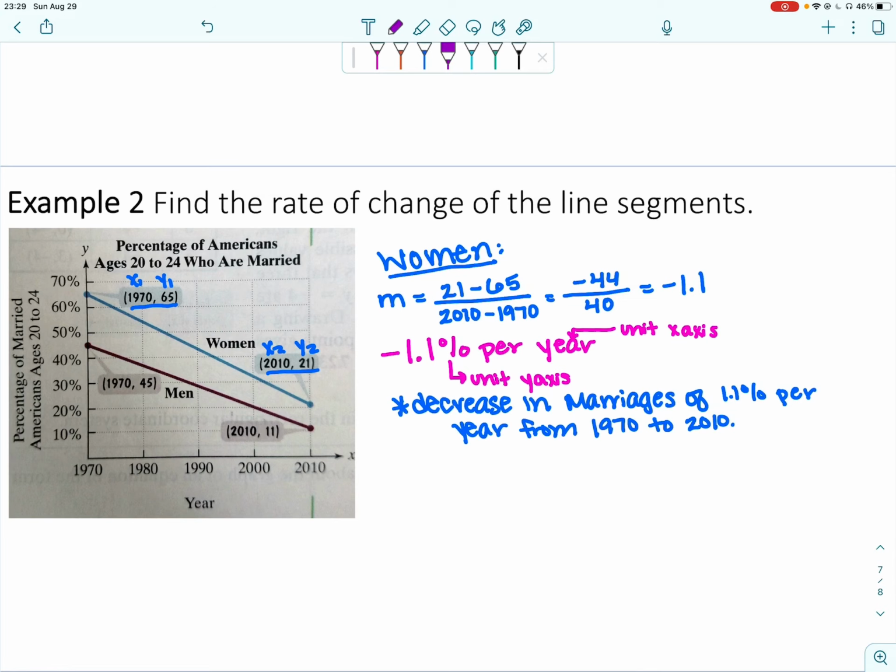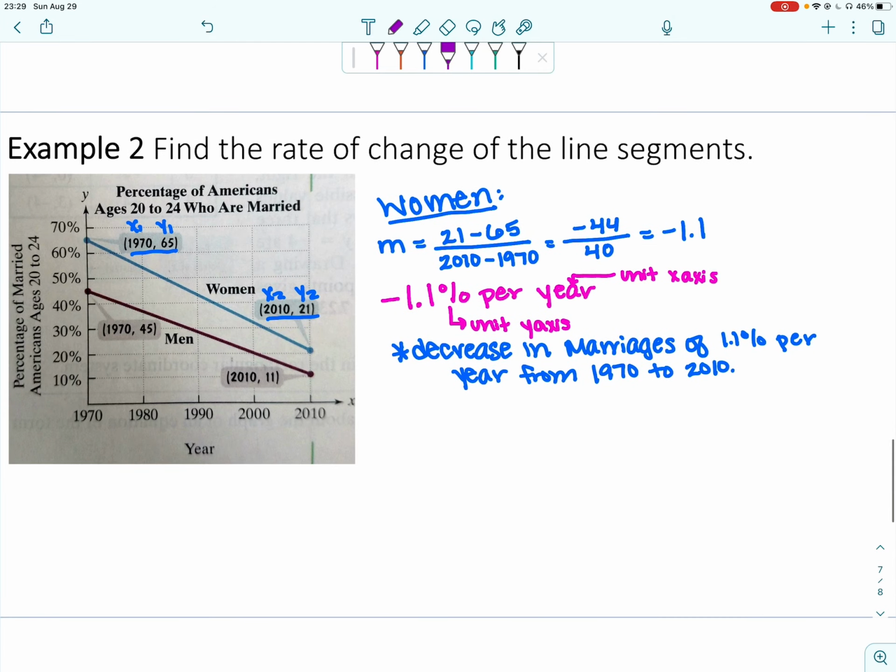So then we can repeat this for the men. So I'm going to do the same sort of thing. I'm going to label my x1s and my y1 and my x2 and my y2. And I'm going to set up my equation. 11 minus 45 over 2010 minus 1970.